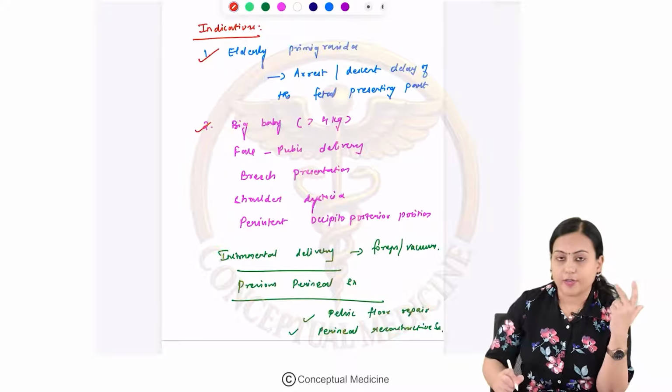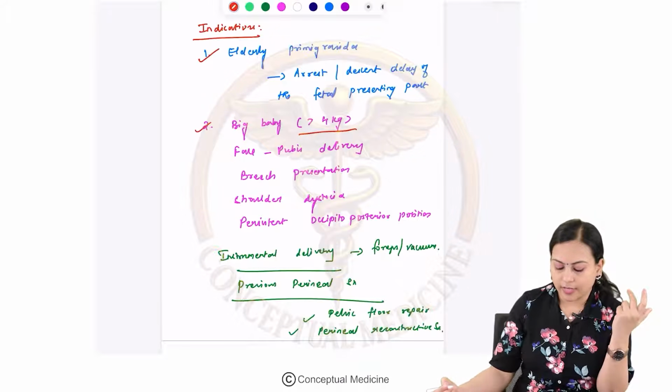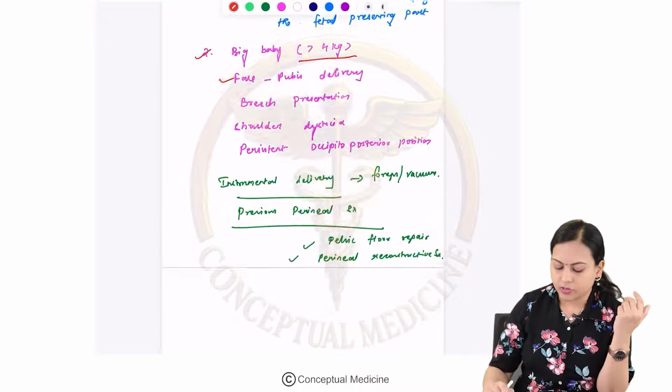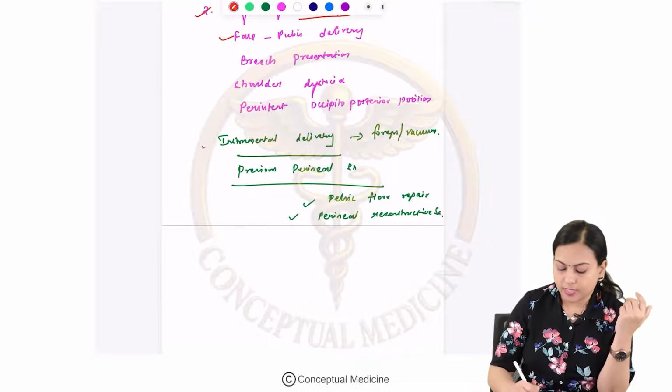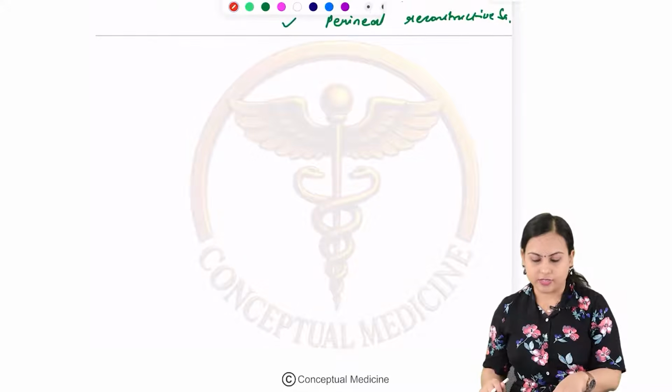Then other conditions where you expect perineal lacerations like a baby above 4 kg, then forceps delivery, breech presentation, shoulder dystocia, persistent occipito-posterior position, and then instrumental delivery like forceps or vacuum, then previous perineal surgery like pelvic floor repair or perineal reconstructive surgery. Clear?